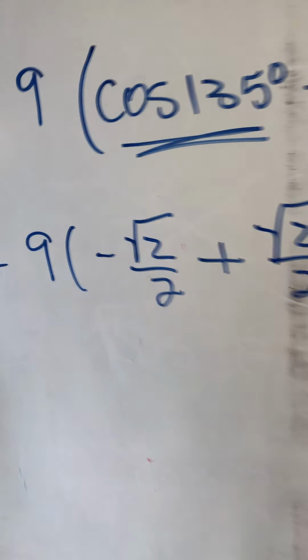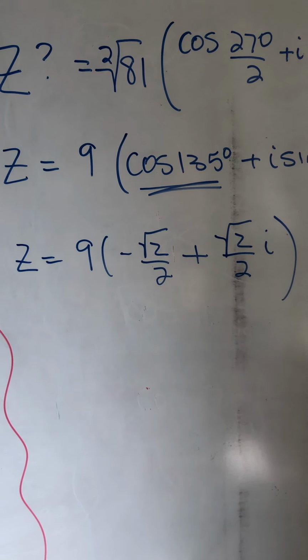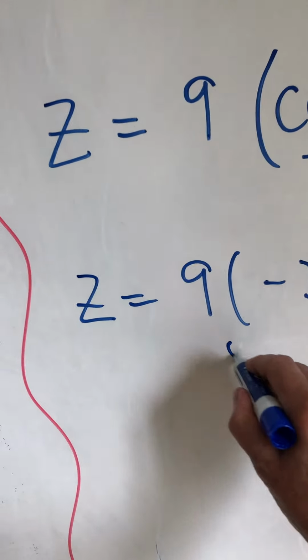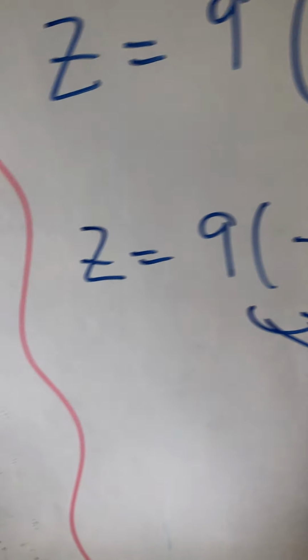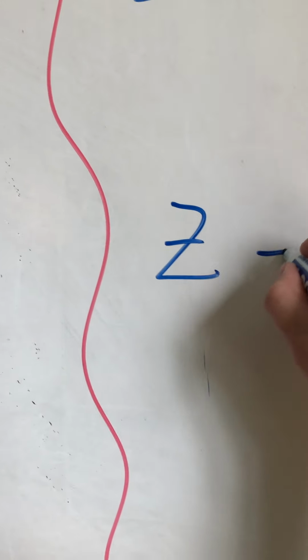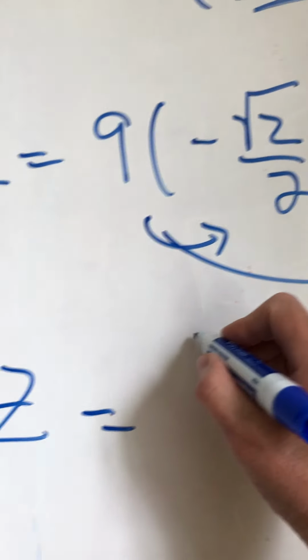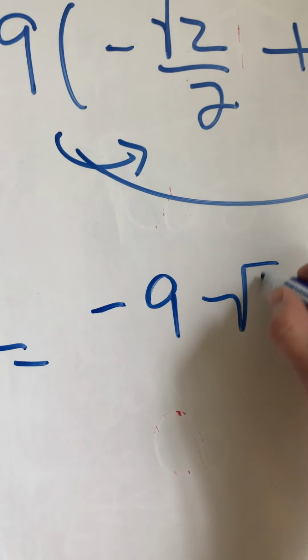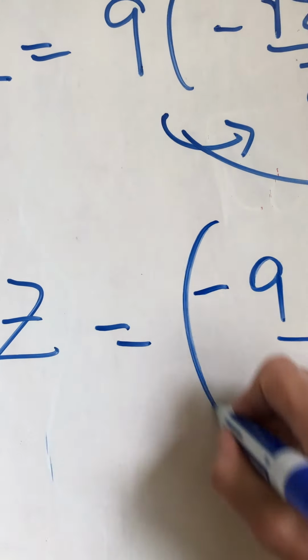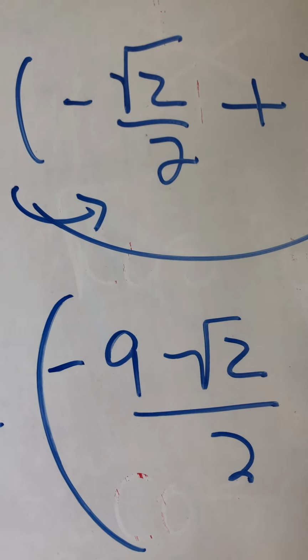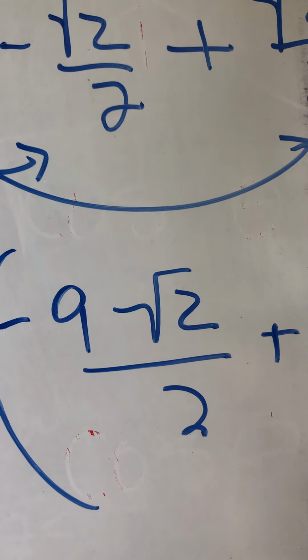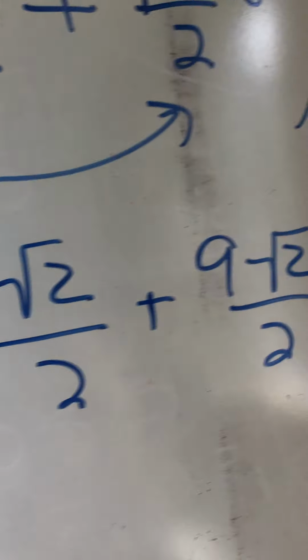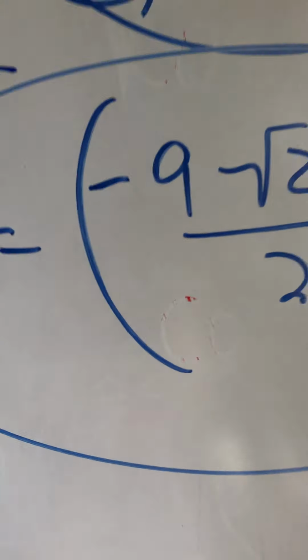Don't forget your I. And let's distribute the 9. Z equals a negative 9 square roots of 2 over 2 plus 9 square root of 2 over 2i. Crazy as it seems, here is your answer.